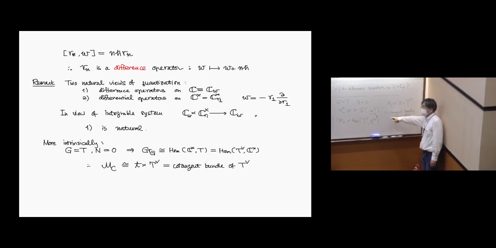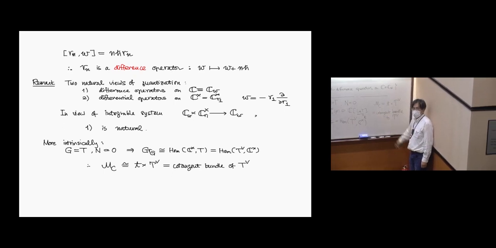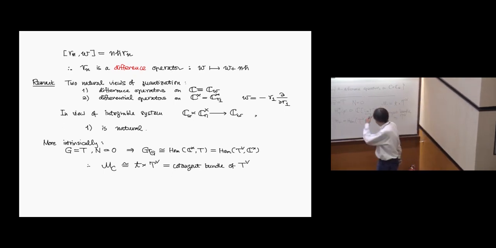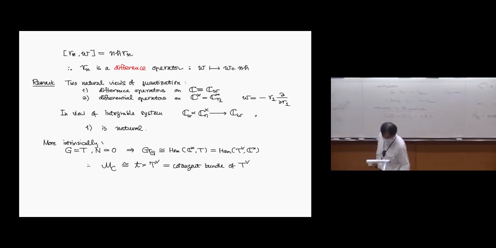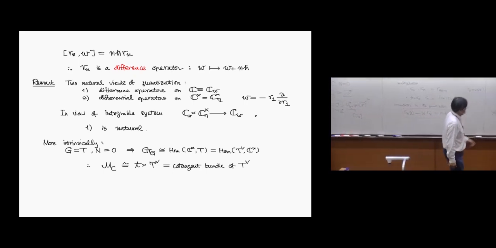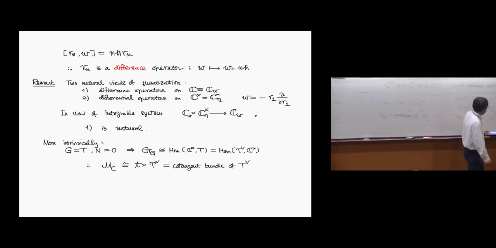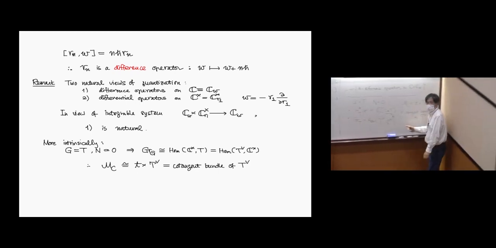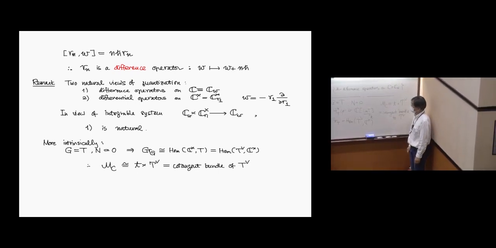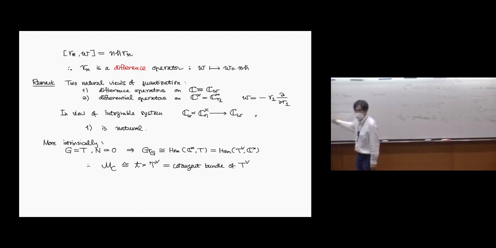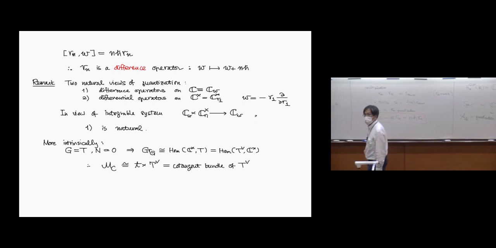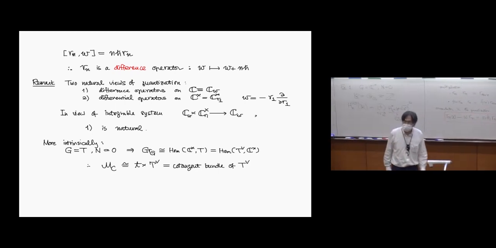Because of that, this is the cotangent bundle, not the tangent bundle. Okay? And you see that the symplectic form and Poisson bracket are induced from the natural symplectic form. So this is a part of the commutation relation. Any question?